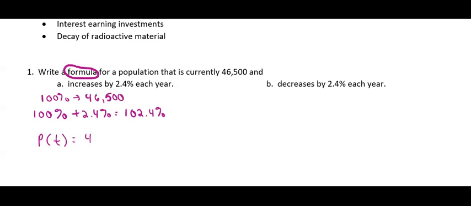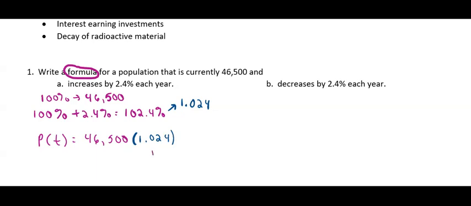If we have 46,500 to begin with, we need to change this to a decimal. So that would be 1.024. And if we change that to a decimal, then what we're doing is we're creating our, in this case, growth factor. So we have our 1.024. And then we need to do this every year.